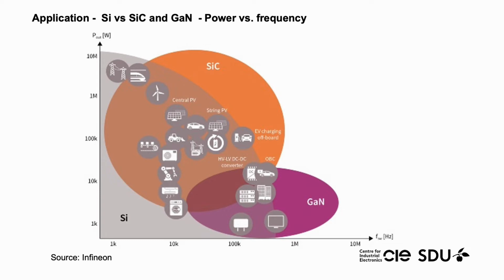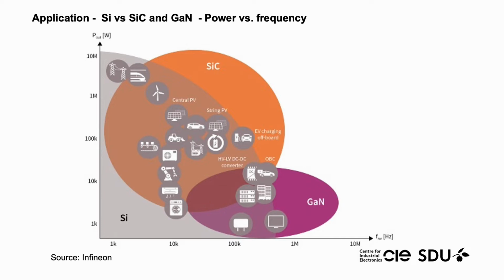This slide with a chart from Infineon shows an overview of the application areas of silicon, silicon carbide and gallium nitride. Here the power level of the application is plotted versus the frequency.